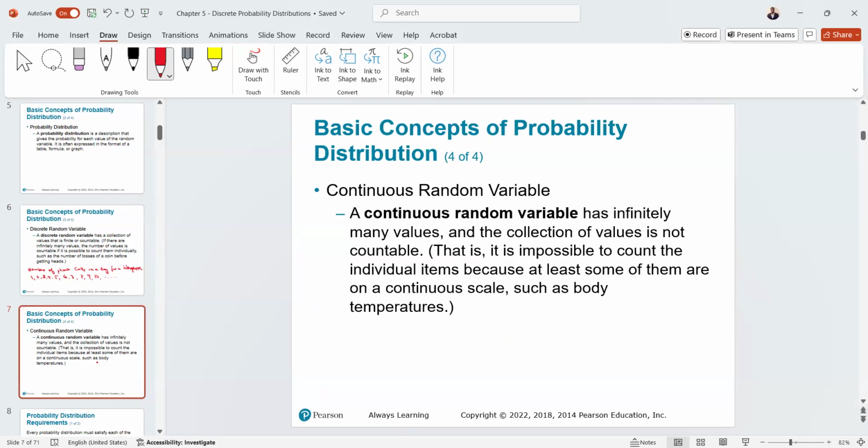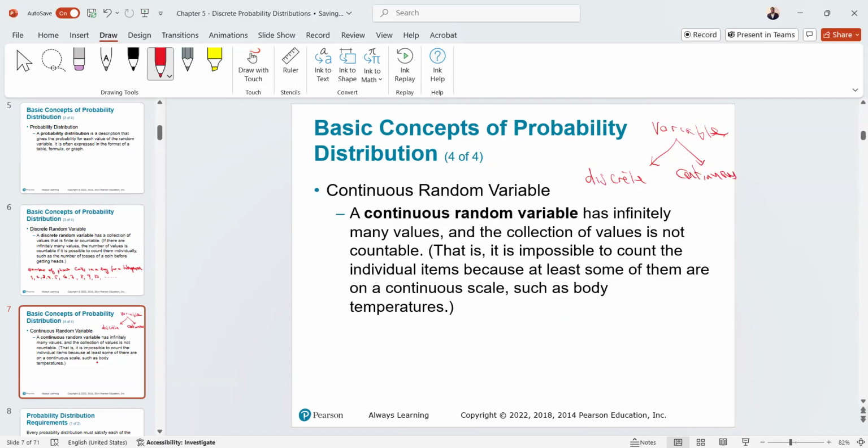But also, we can talk about a continuous random variable. Anytime we have data that are variables, the data can be discrete or continuous. A continuous random variable has infinitely many values, and the collection of values is not countable.